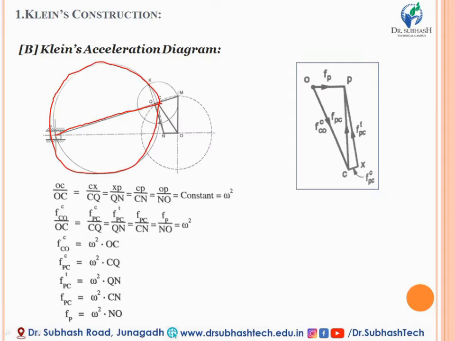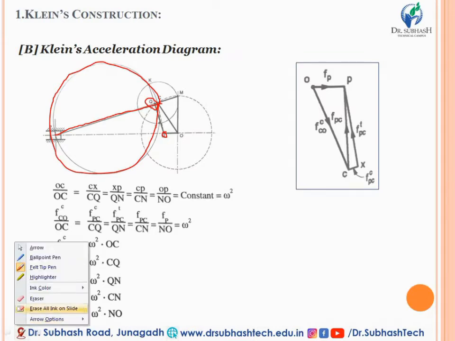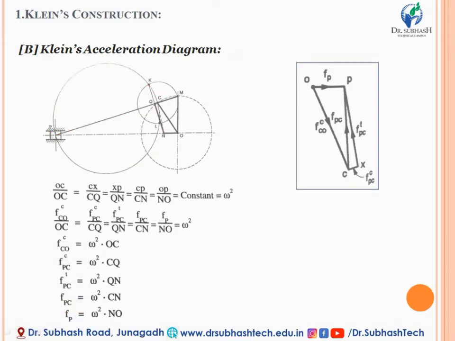If you are drawing the circle on PC, of course this circle will intersect at two points: point N on PO, that means point N over here, and point Q on PC, that means point Q over here. These are the two intersecting points whenever you draw the large circle on PC.